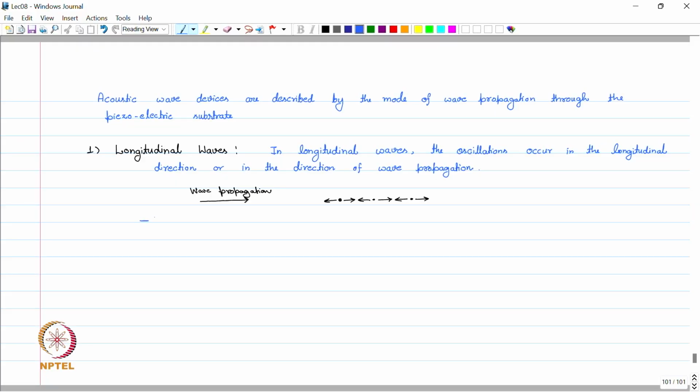In this kind of wave, the particle density fluctuates, and they can be generated in solids as well as liquids.